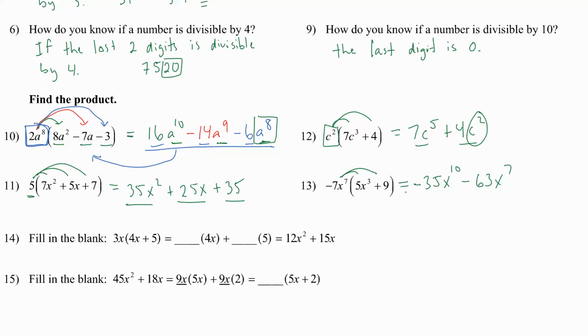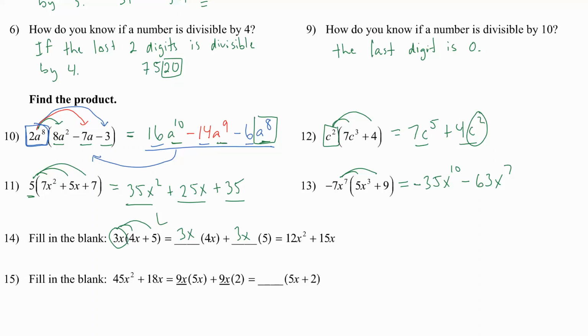14 and 15 are trying to, again, just develop that understanding of distributing. So when we multiply 3x times both of those, that's going to go in front of the 4x, and then 3x times 5. So again, that's just trying to get an idea in our head of how we are going to go from this to this way. Okay, so again, these are review questions.